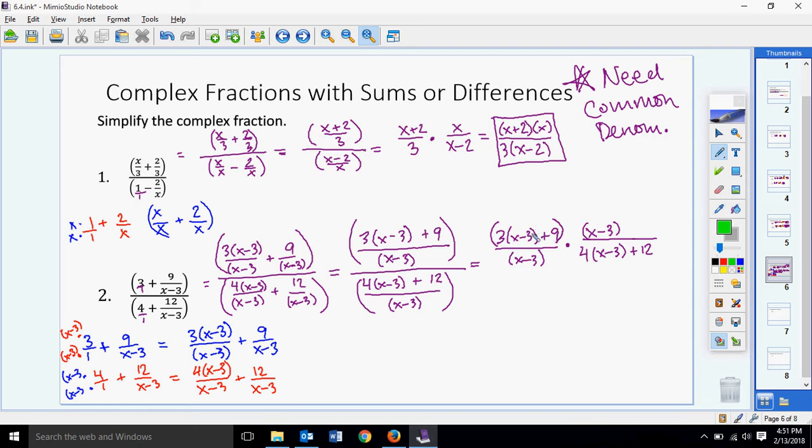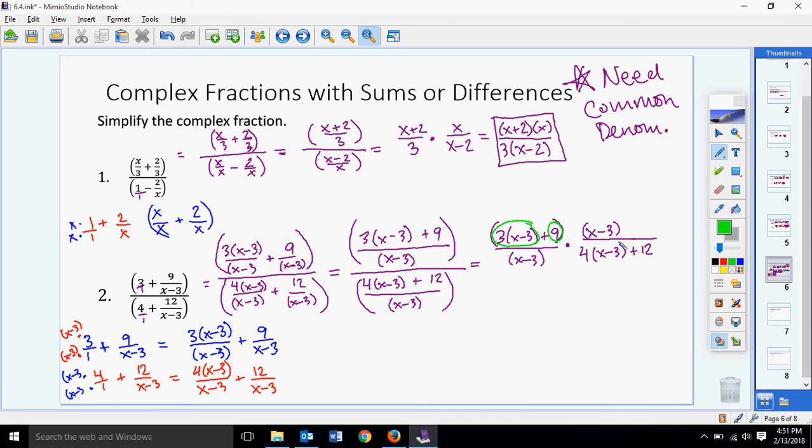One whole term is when you have everything being multiplied. So this is a term because I have two things being multiplied. I have a 3 and I have this x minus 3. This is one quantity. It's in parentheses. This is one term. My other term is 9. These two terms are separated by this addition sign.